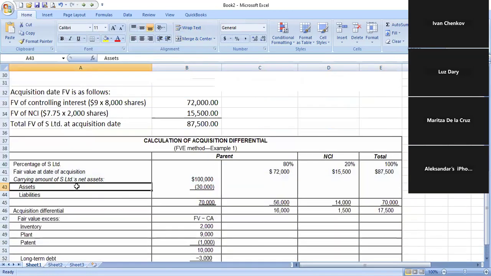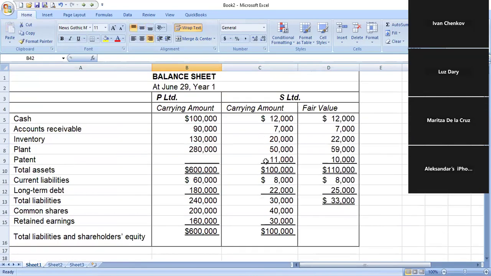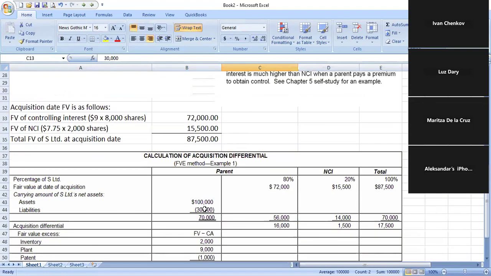So what are we purchasing of this company? That will be the question. In order to see what we're purchasing, we have to go here to the company, right? So what do we buy? We buy 100,000 in assets on the book value, and we're buying 30,000 in liability. Make sense? So we buy 100,000 assets, and we have 30,000 liability.